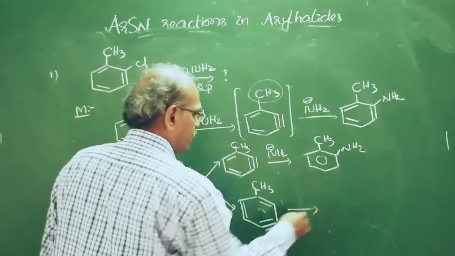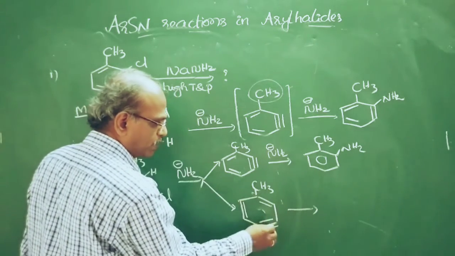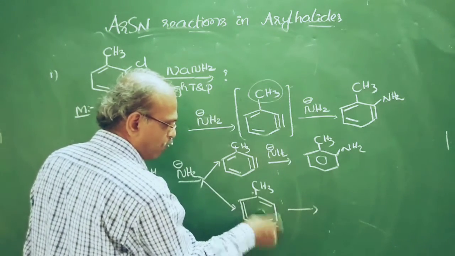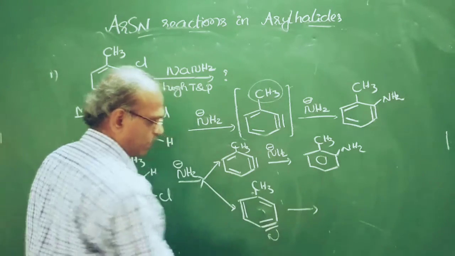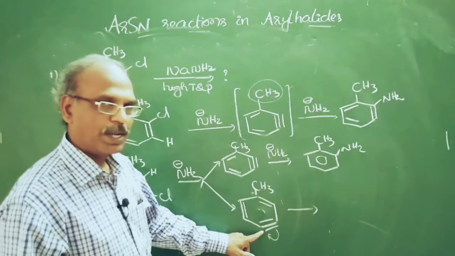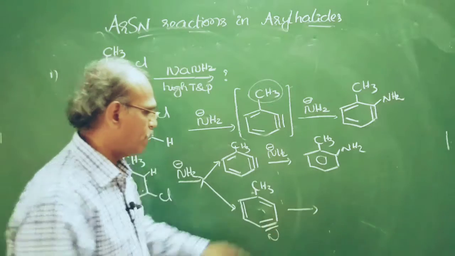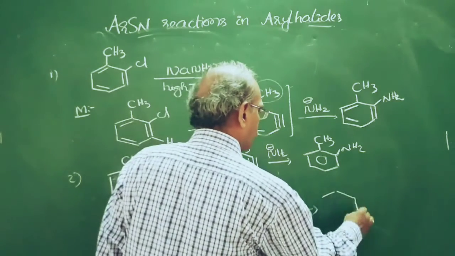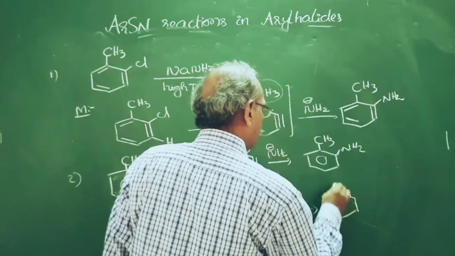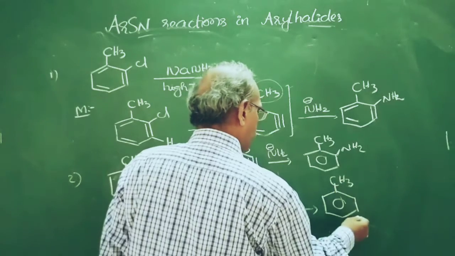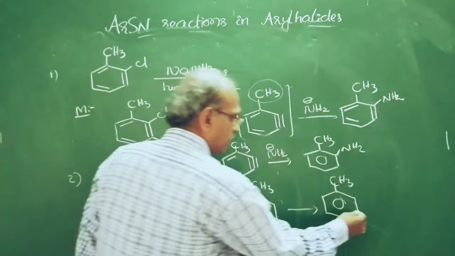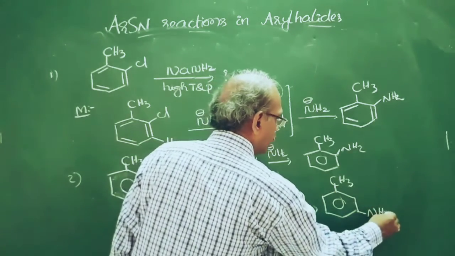With this benzyne, see, because of the inductive effect, these electrons move away from this group. So in this way, this carbon gets negative and this one gets positive. Therefore, CH3, we have to write NH2 here.